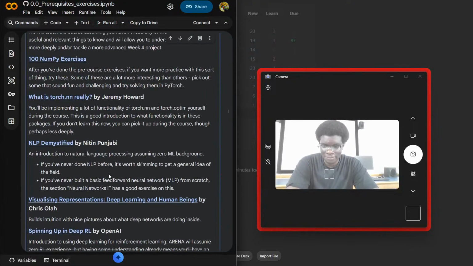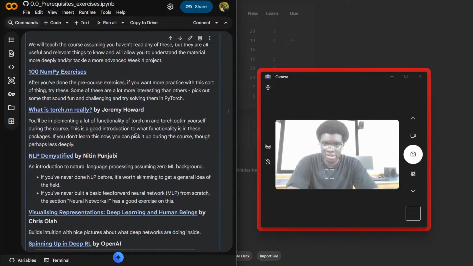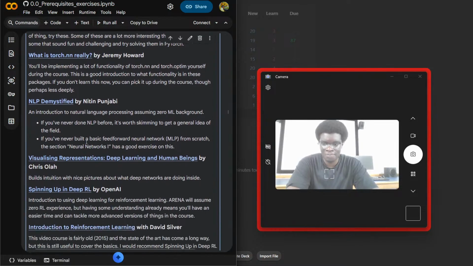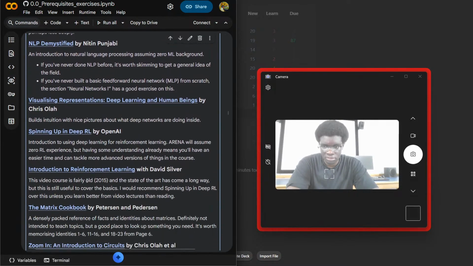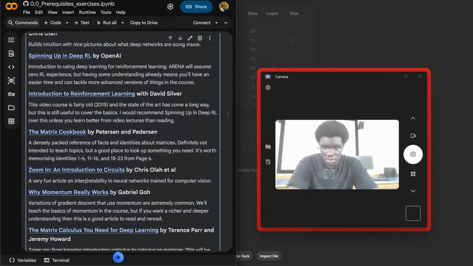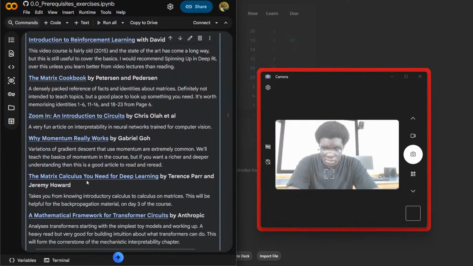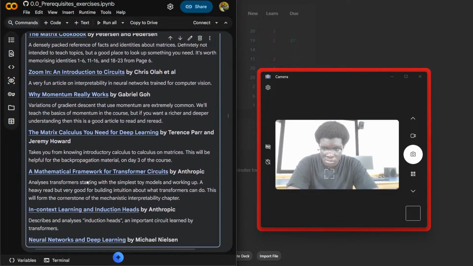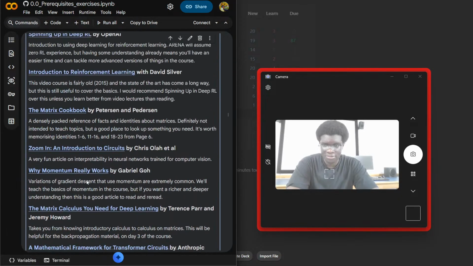Some of these, which ones do I think can be good? I think the numpy exercises, there's one about social and some of these, well, it depends on the length.